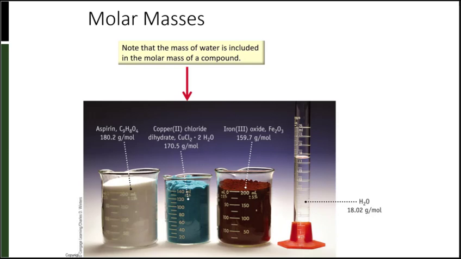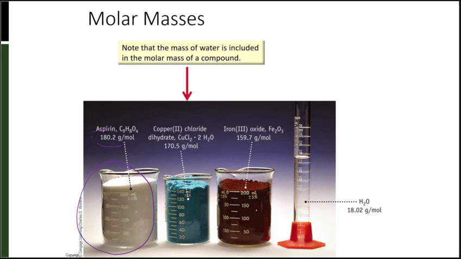So let's look at what a mole of different things look like. Aspirin, whose formula is C9H8O4, its molar mass is 180.2 grams for 1 mole.